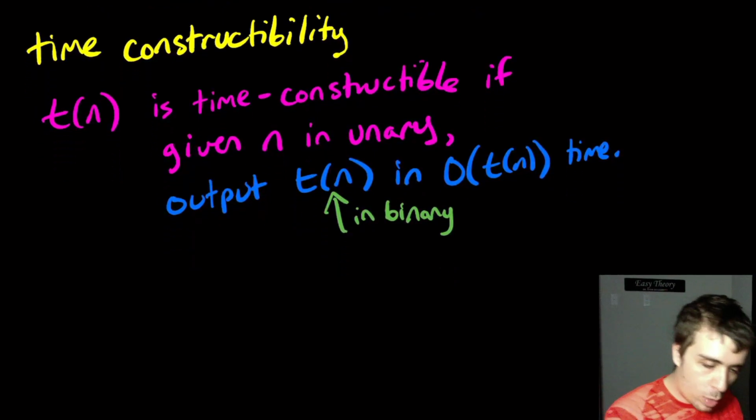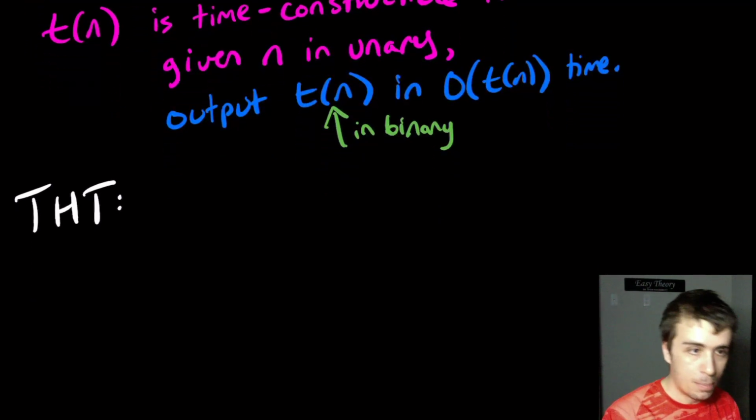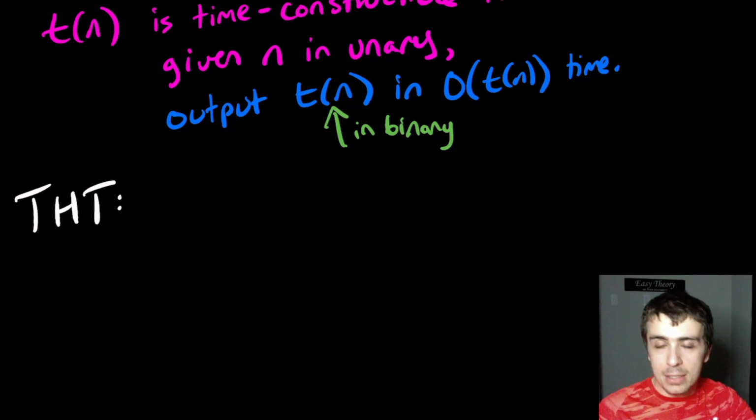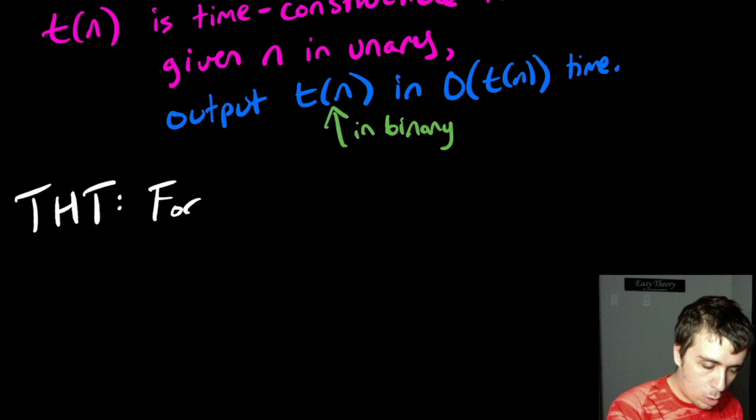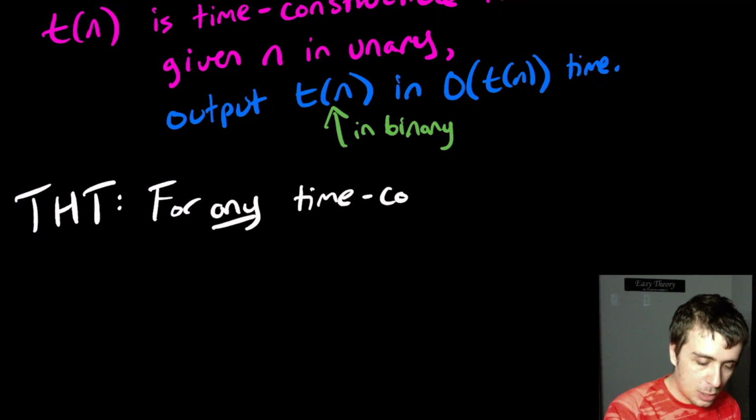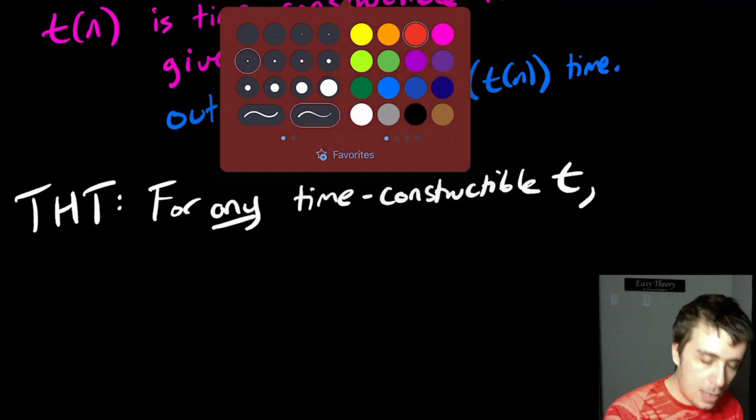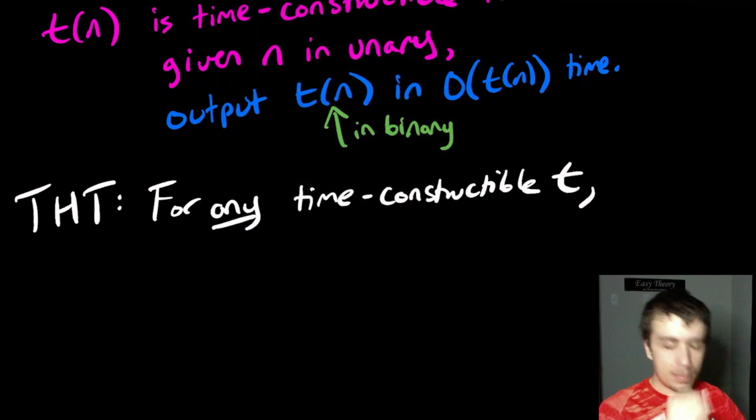Okay, so what does the time hierarchy theorem say? I'm going to abbreviate it to THT. So what this is saying is that for any time constructible function t, then what is the crucial bit here?